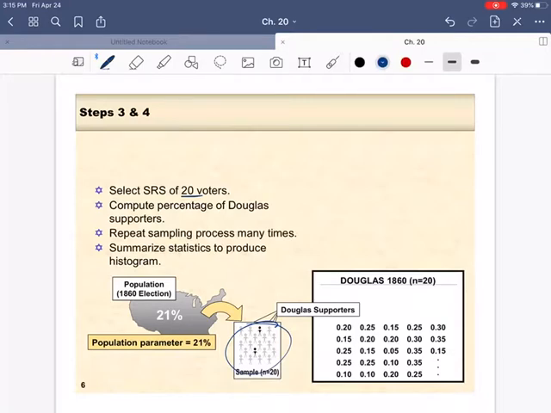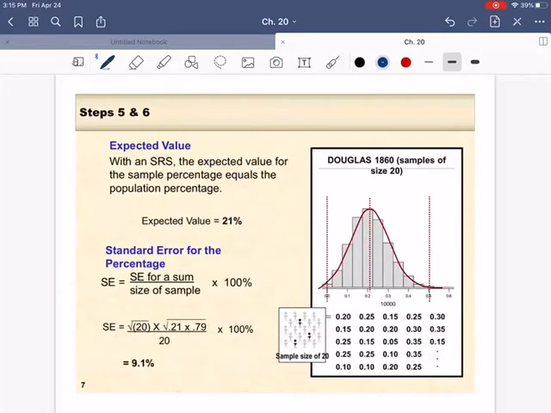You can get the sample percent, and that's called the statistic. And then if you do it over and over and over again, you'll find it's pretty close to 21% when you look at all of the samples taken. So here's our normal curve. Not exactly normal, but pretty close.